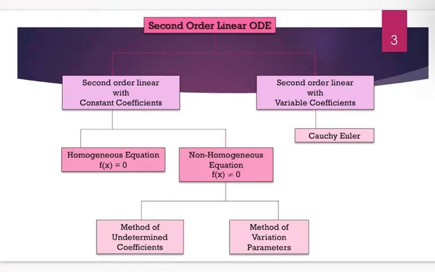Let's write our equation first. So we have our equation a(x) d squared y over dx squared plus b(x) dy over dx plus c(x) y equal to f(x).